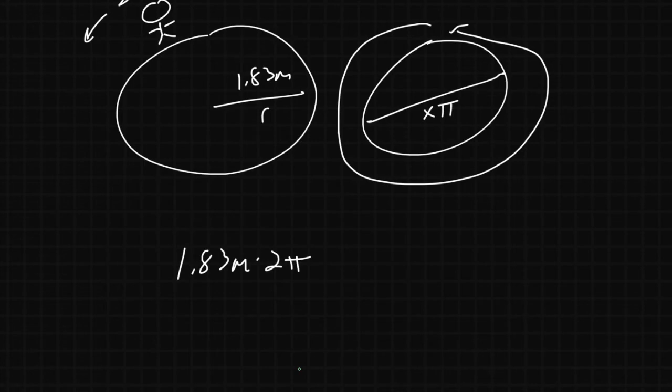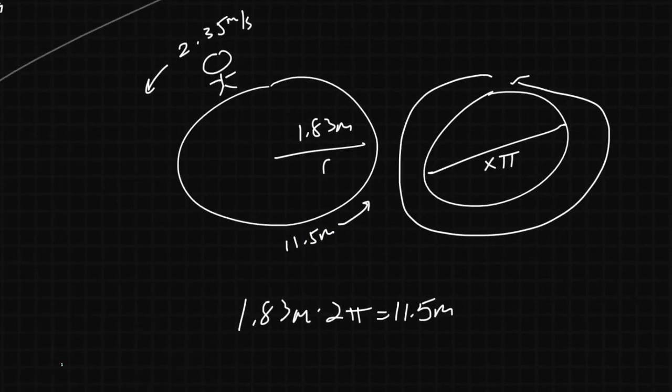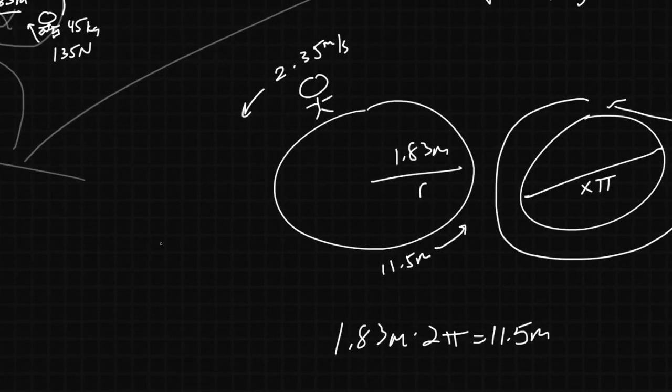I get 11.5 meters. So this whole thing is 11.5 meters around. And we're going 2.35 meters per second. So if you're going 11.5 meters at 2.35 meters per second, I get 4.9.